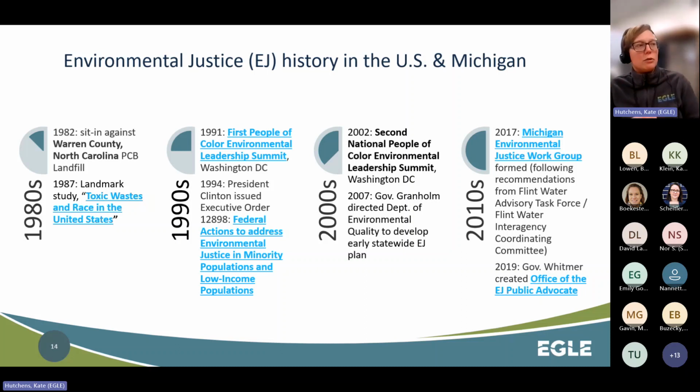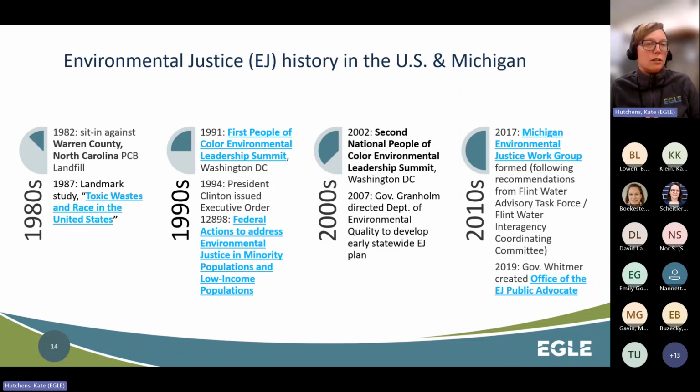In 1991, the First People of Color Environmental Leadership Summit first assembled a document called Principles of Environmental Justice. In 1994, President Clinton issued Executive Order 12898, the first time environmental justice was brought formally into federal government policy.